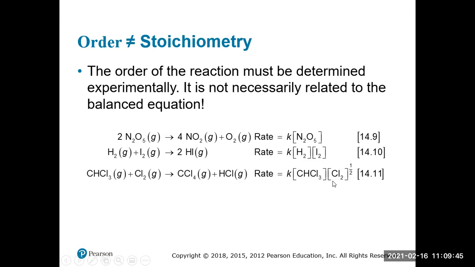So once again, when the experiments were done, it showed that you didn't have orders for the reactants that match the stoichiometry of the balanced equation. Orders for the reactants and orders overall for the reaction don't necessarily match the stoichiometry of the equation.